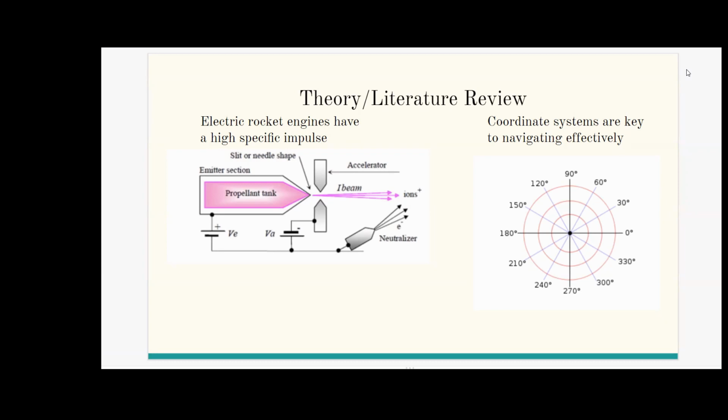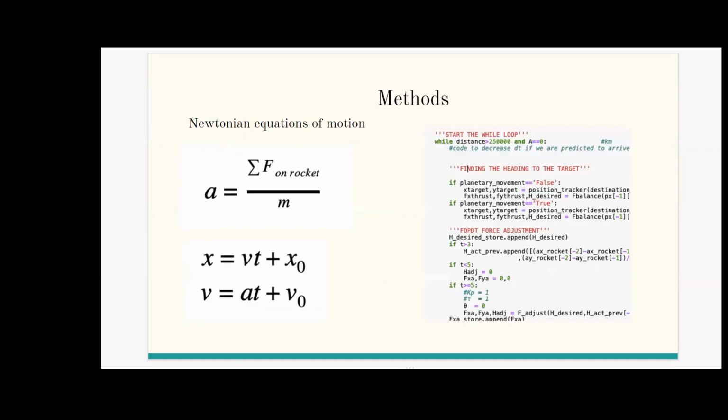Some of them use nonlinear programmers to find the best routes through space. Some of them use collocation, and some of them used equations like Kepler's equations that were closed form. And our method was to use Newton's equations of motion.